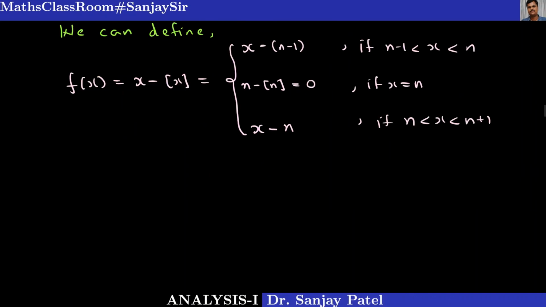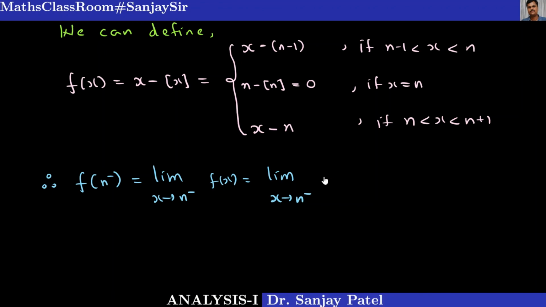So therefore f of n minus, that is the left hand limit of the function at n, is given by limit x tends to n minus. What is the function formula for x less than n? x tends to n minus means x is going near to n from the left hand side.